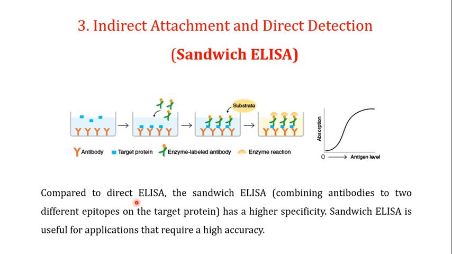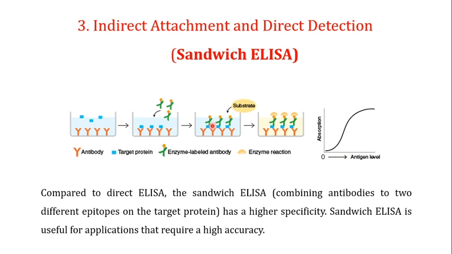Now, if you compare it to the direct ELISA, the sandwich ELISA is much more powerful, and it has a much higher specificity. The reason is that, as compared to the direct ELISA, the sandwich ELISA combines antibodies to two different epitopes of the target protein, therefore it has a higher specificity. This attachment antibody will be interacting with one type of epitope of your target protein, or antigen, and this detection antibody will be interacting with another type of epitope.